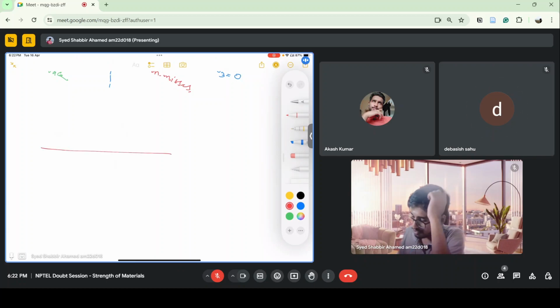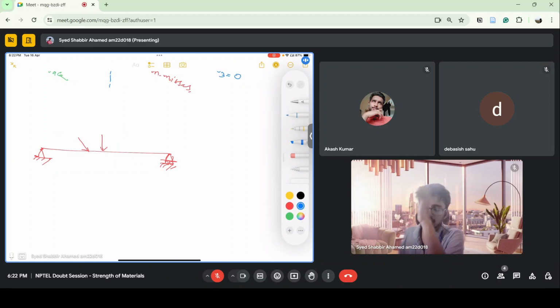If you have any structure, like let's say a beam, this is a simply supported beam. Let's say I'm applying some load on it, something like this.